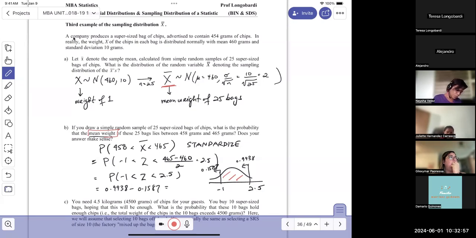And you get. Any questions about that? Can you do that? So everything falls out from this result. So this is the new material, right? This is the sampling distribution of the statistic X bar. So the rest is familiar. Preguntas, dudas.